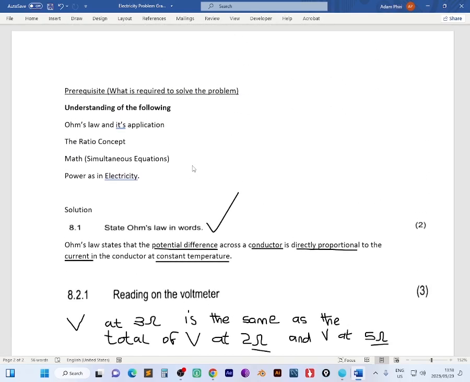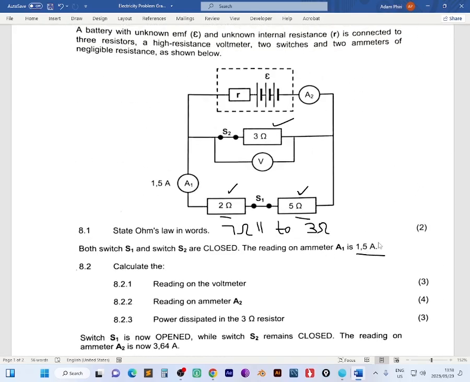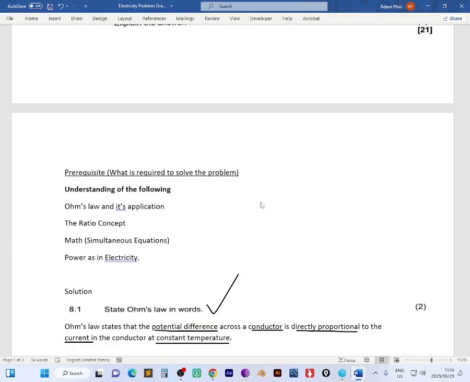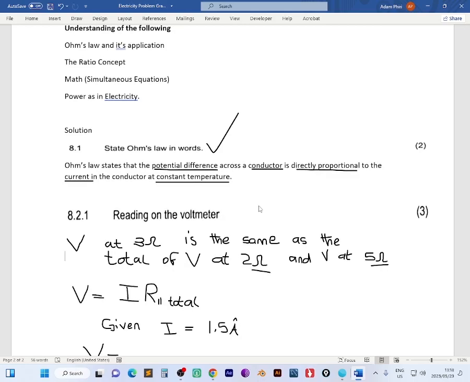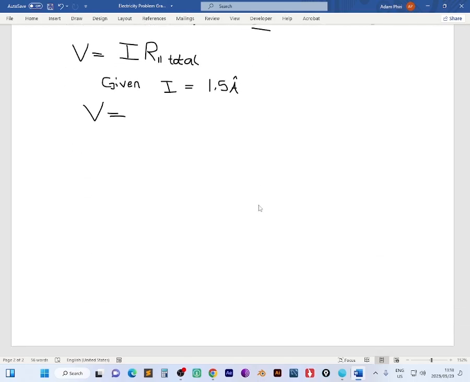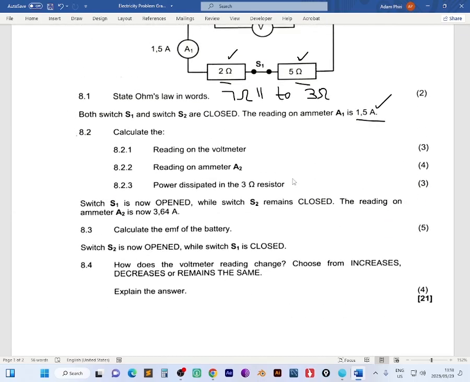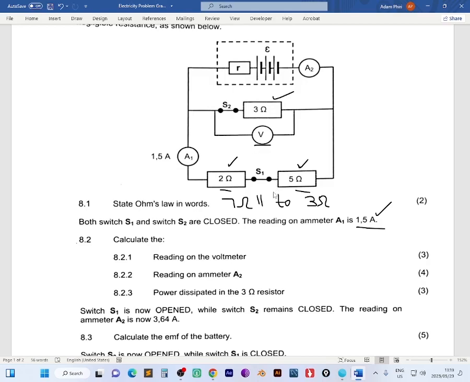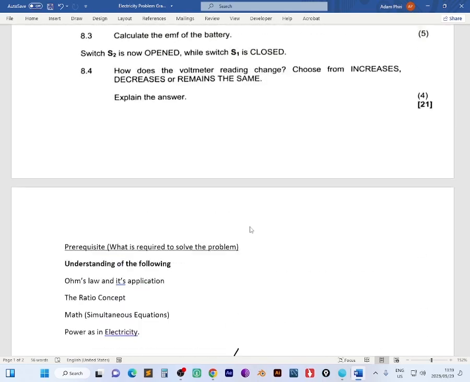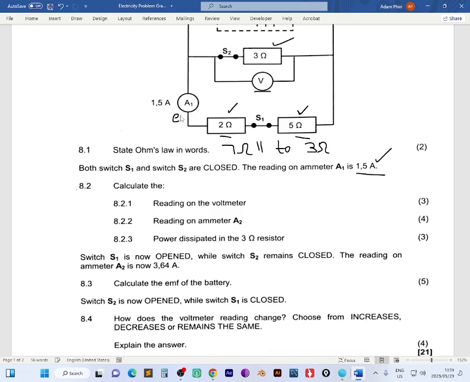We rely on Ohm's law most of the time, so we write it repeatedly. The potential difference here is the same as on the other side.